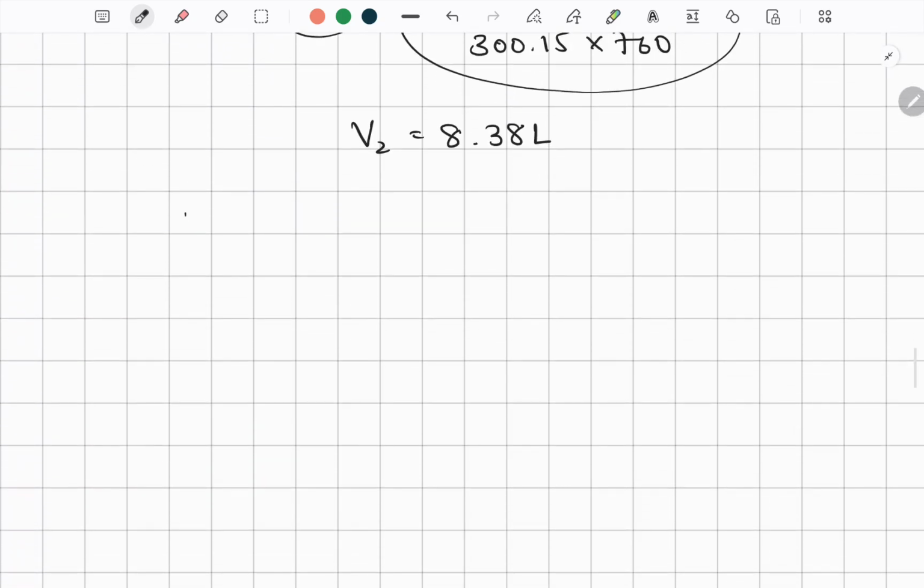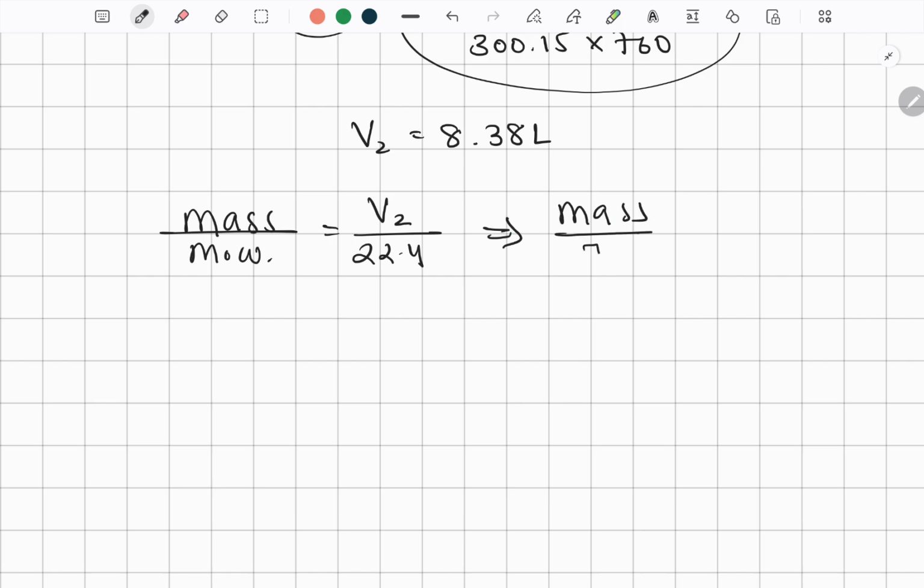Mass upon molecular weight equals volume at STP divided by 22.4, so mass divided by 70 equals 8.38 divided by 22.4.